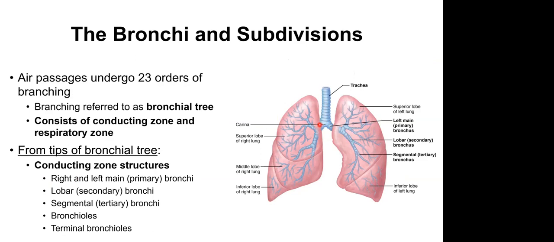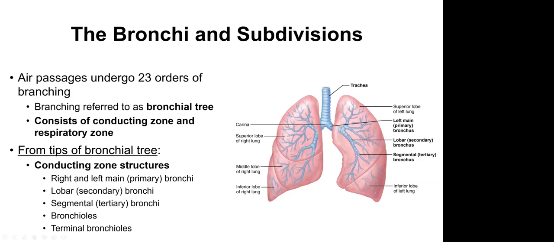And this is what's going to create our conducting zone and our respiratory zone. So from the tips of the bronchial tree, here we kind of have what would be considered like the tree trunk. We have the trachea being the tree trunk. And then I'm going to draw this on here for you.